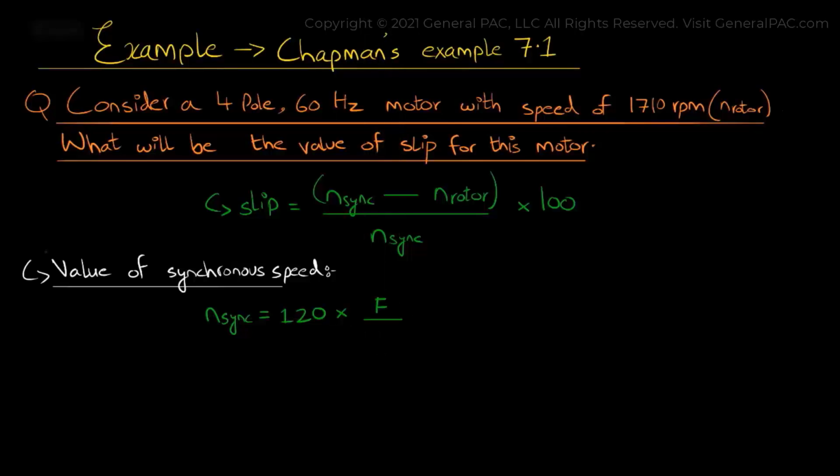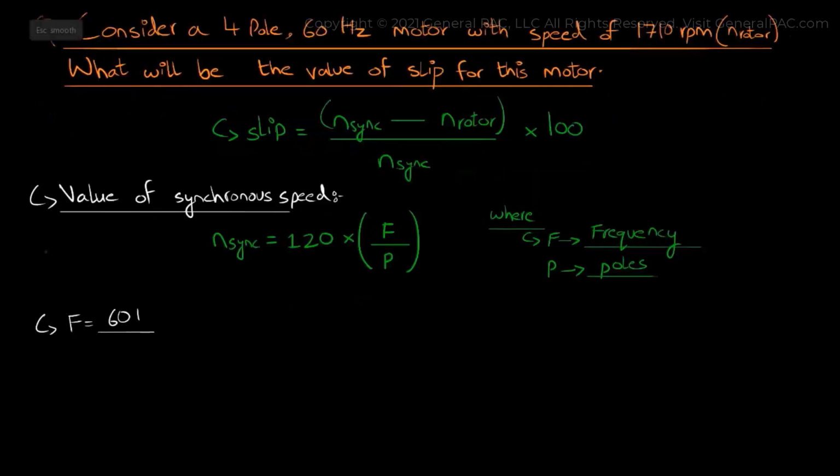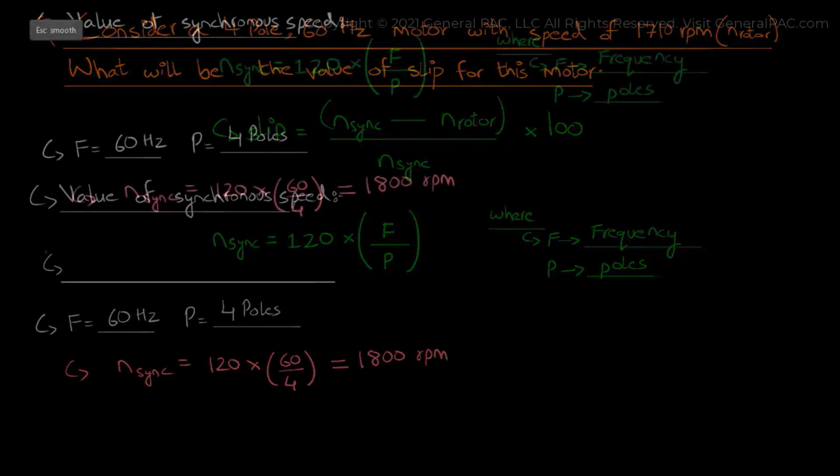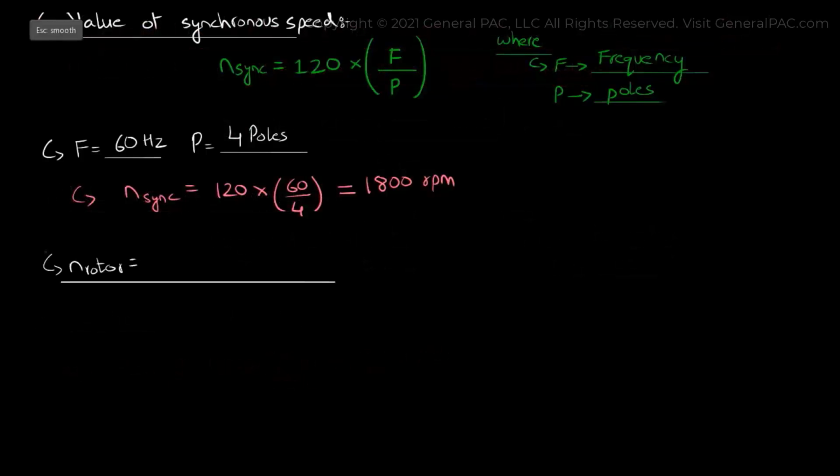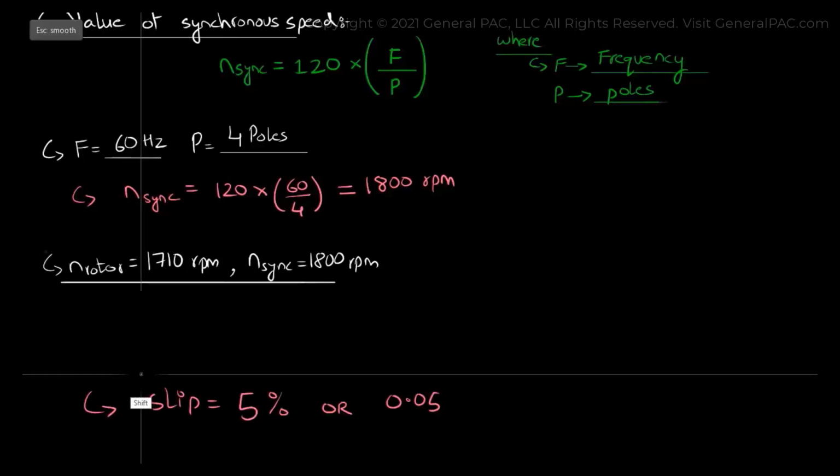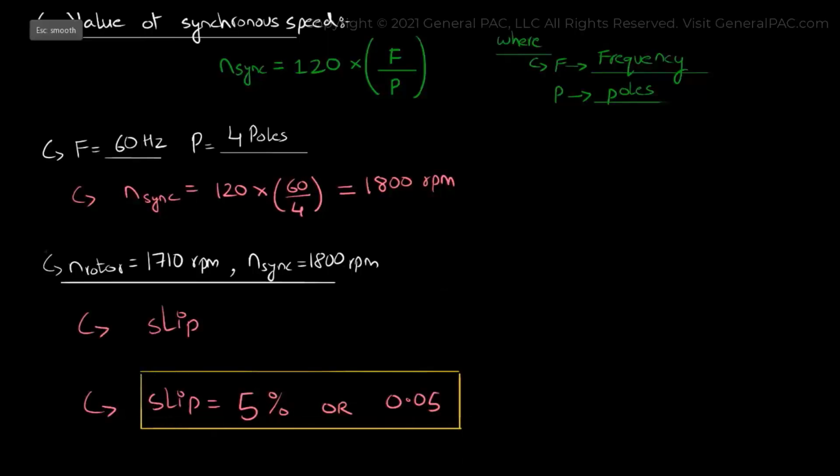So n-sync is equal to 120 times f, which is the frequency, divided by P, which is the number of poles. As the given frequency is 60 Hz and the number of poles is 4, by putting these values in the formula of n-sync, we get a synchronous speed of 1800 RPM. Again, n-sync is equal to 120 times 60 divided by 4, which gives us 1800 RPM. Now putting this value of n-sync and the given value of the rotor speed, the slip is simply equal to 1800 minus 1710 divided by 1800 times 100.